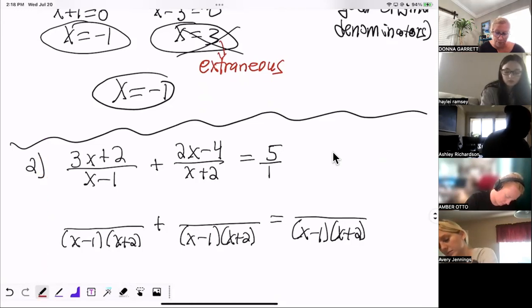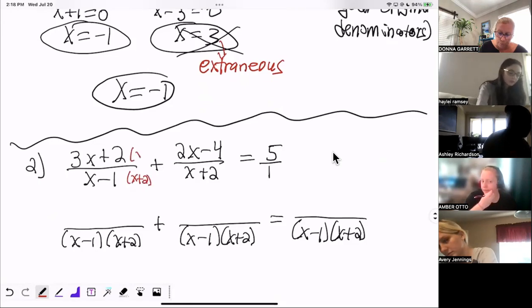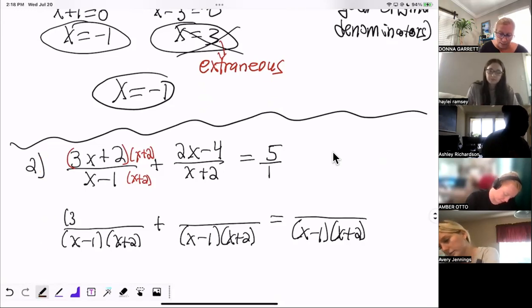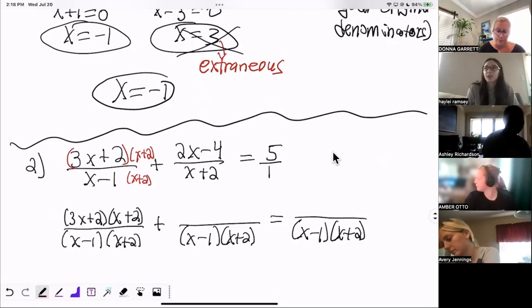So this first one, I need to multiply by x plus 2. Now, when it's a binomial times a binomial, it's really foiling or double distributing. So down here, for right now, I'm just going to write the parentheses. I'm not going to multiply yet. I'll do that next. I don't want to do too much at one time.